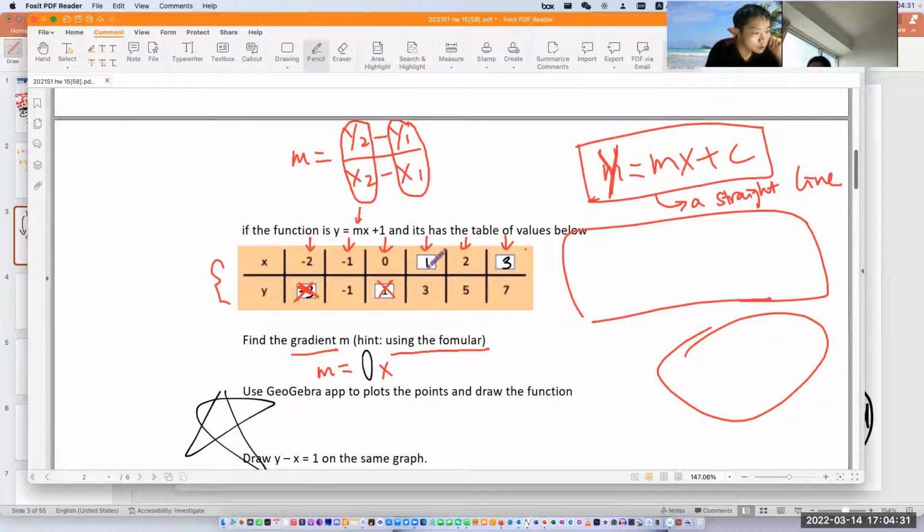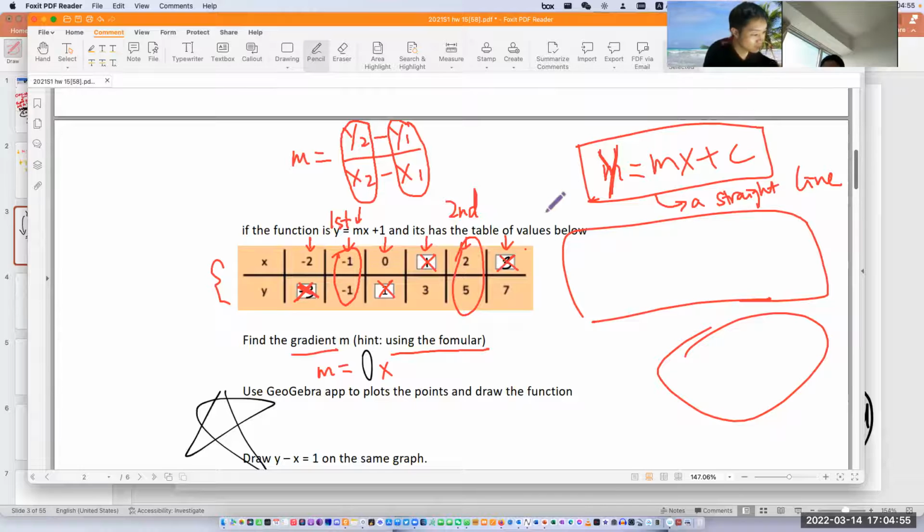This is not known. So for the entire table, you know this pair. This is your first pair. And then the next one, not known. Next one, not known. But this one is known. So this is your second pair.